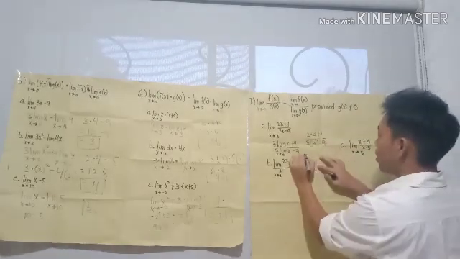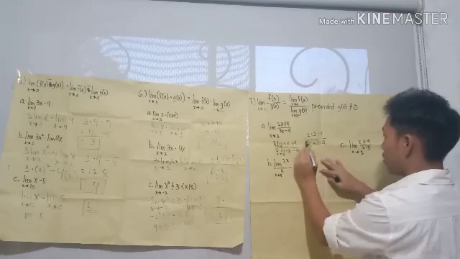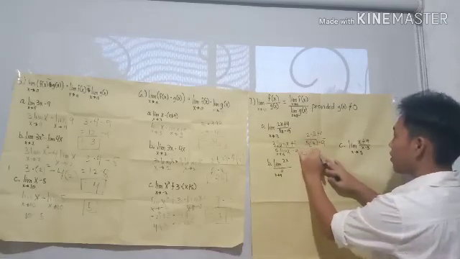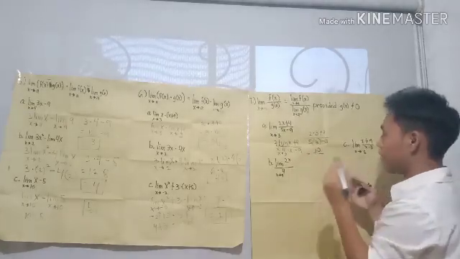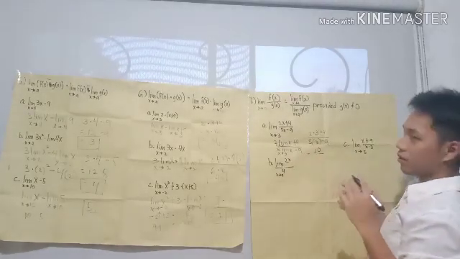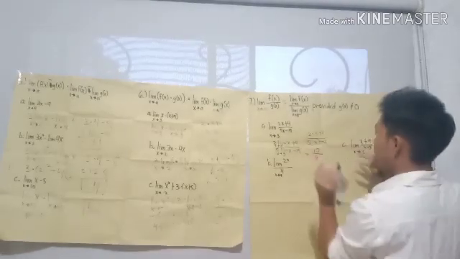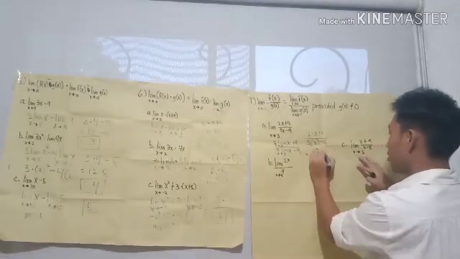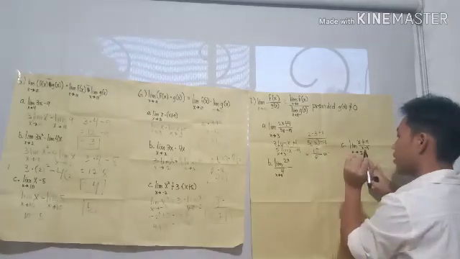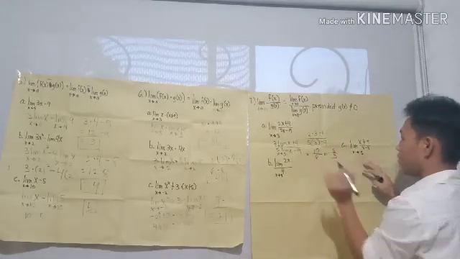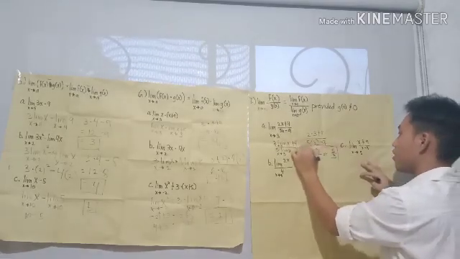You will get the answer like this. 2 times 3 equals 6 plus 4 equals 10, and 5 times 3 equals 15, subtracted by 9 is 6. Then simplify, and you will get 5 over 3. This will be your final answer.